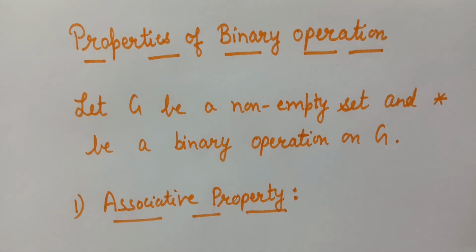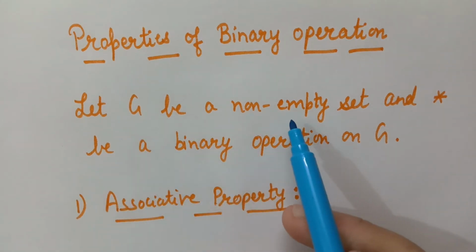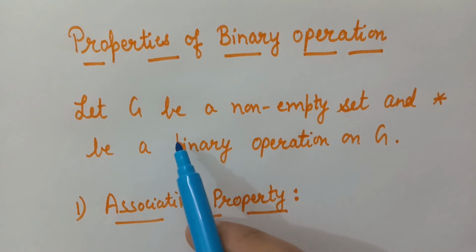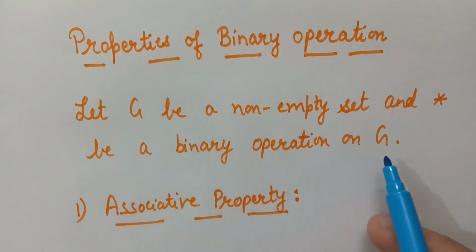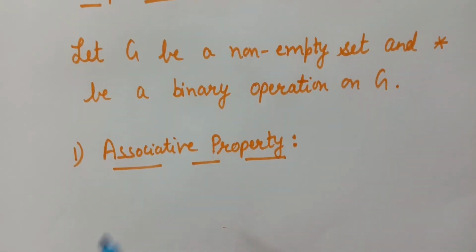Now let us discuss some properties of binary operation. For this, let G be a non-empty set and star be a binary operation defined on G. Our first property is the associative property.